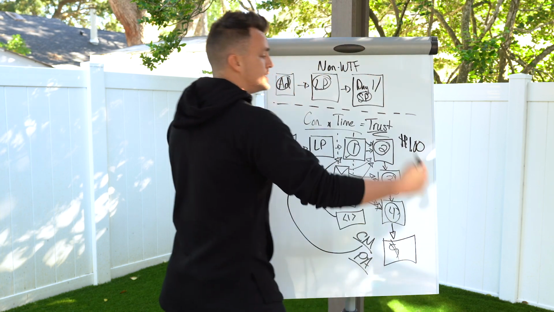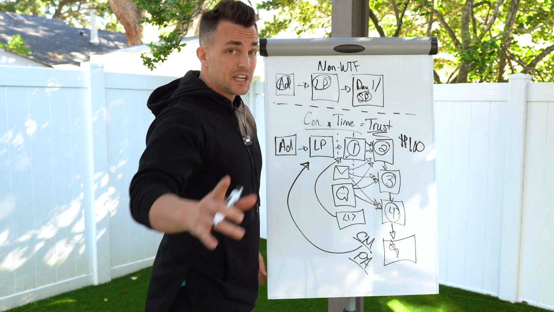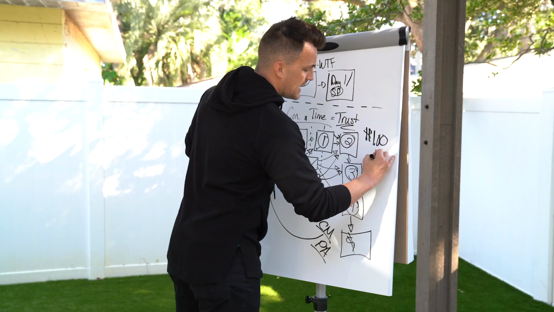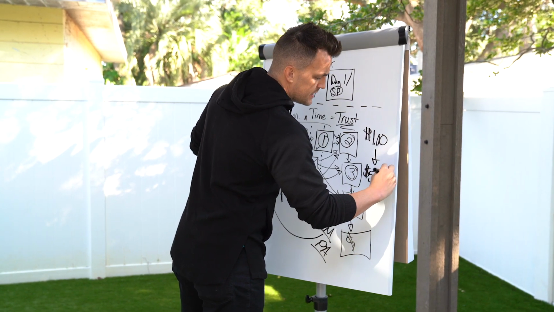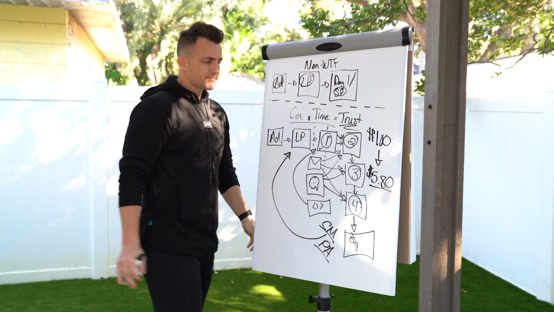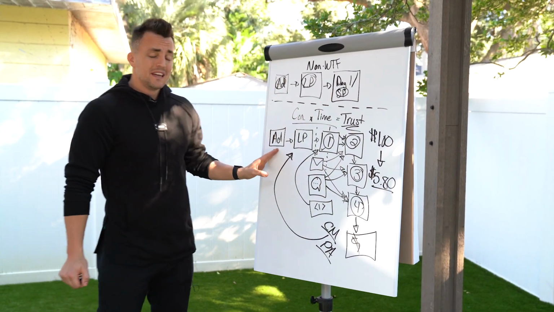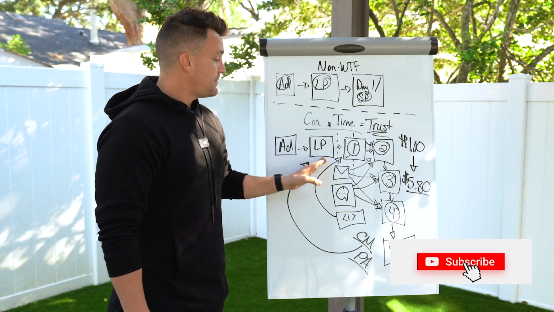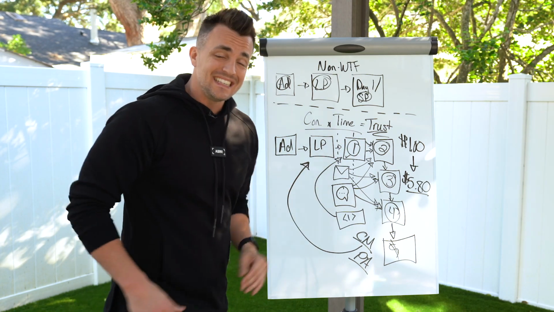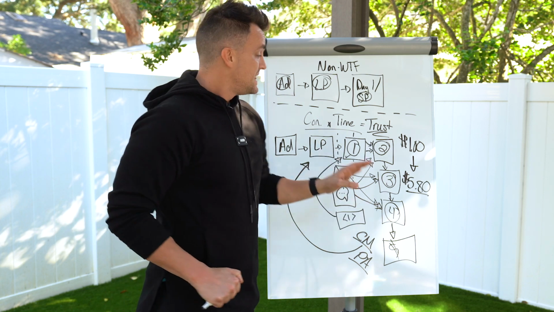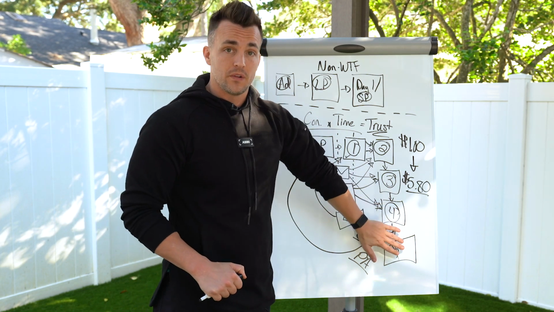that I put into this funnel, this is serious, I get $5.80 out. So if I put $1 into ads, the lifetime of this subscriber is going to make me $5.80. That is ridiculous. That's just in this funnel.